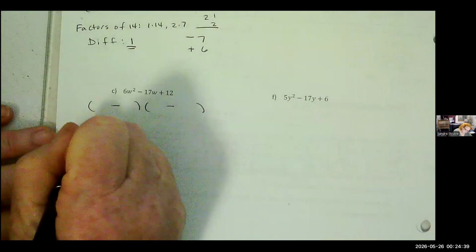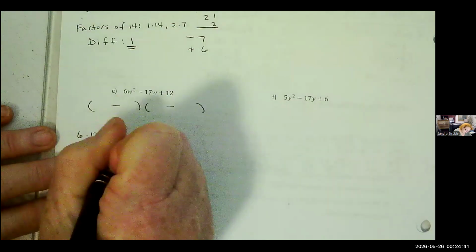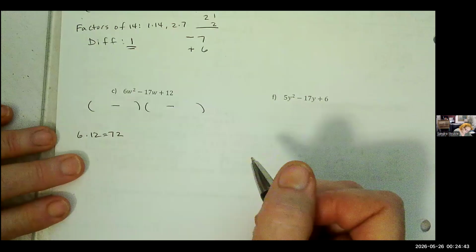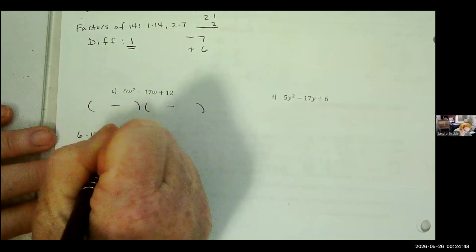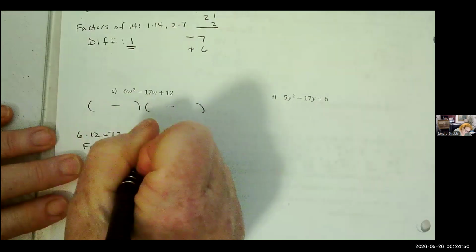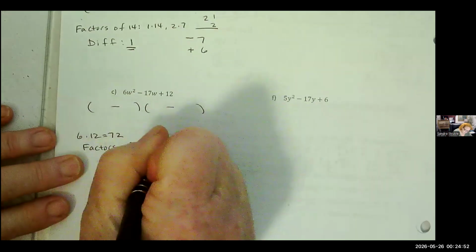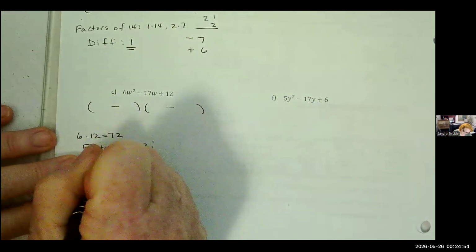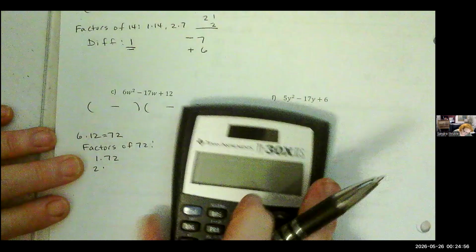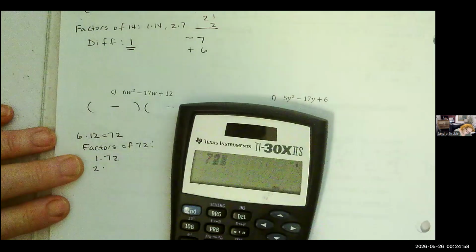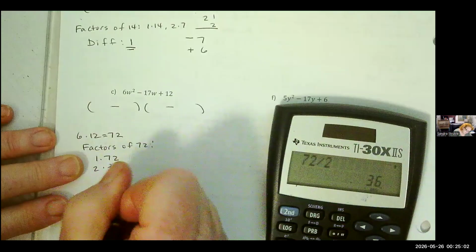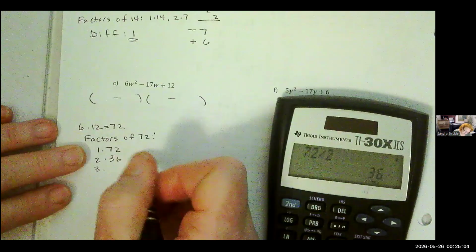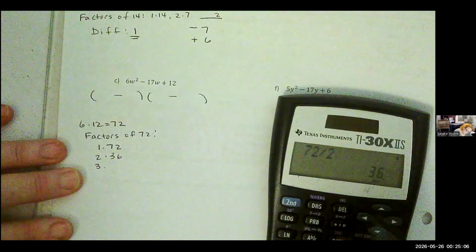What are the factors of 72? Well, 1 times 72. Let's write those factors of 72. 1 times 72, 2 times, no, it's divisible by 2, 36. I know it's divisible by 3 because 7 plus 2 is 9. So 72 divided by 3 is 24.